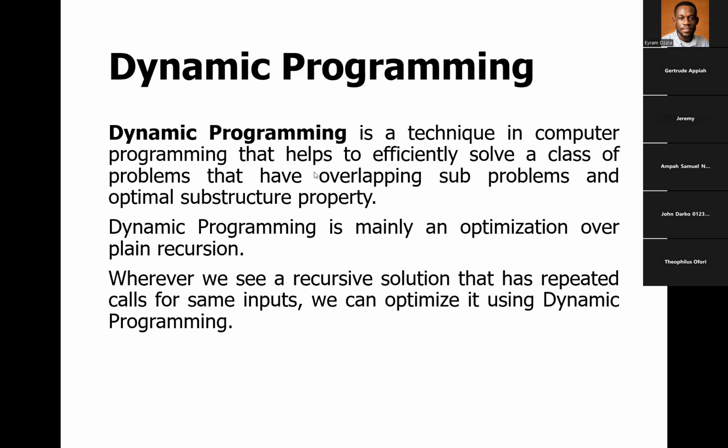One of which I've mentioned here: we have the overlapping subproblems, and then we have the optimal substructure. Okay, so these are two fundamental properties that we consider when dealing with dynamic programming.